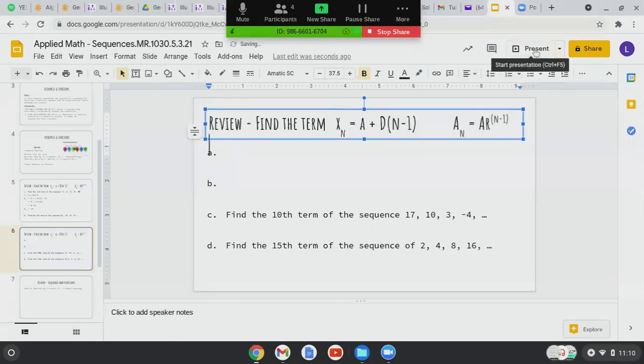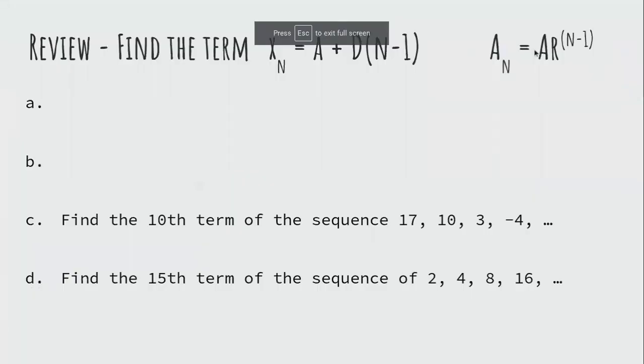Okay. All right, so we doing D. We want the 15th term of the sequence that goes 2, 4, 8, 16.